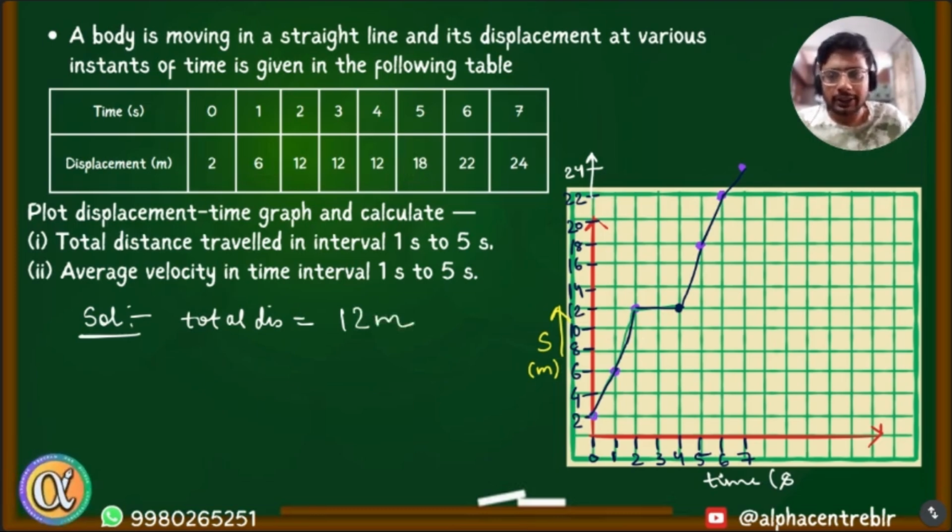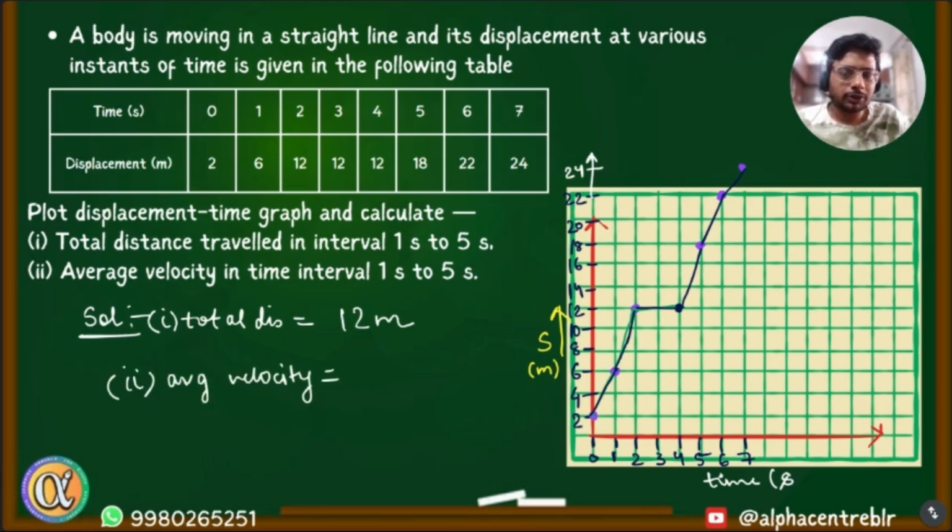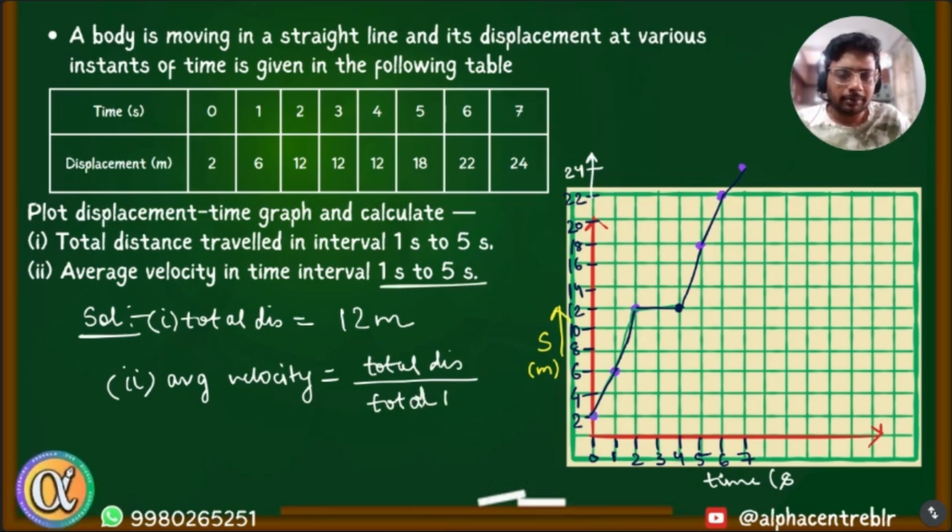The second part of the question says find the average velocity. Just for the new students here, I'd like to mention average velocity is nothing but total displacement divided by total time. What is the total displacement during the journey, in 1 to 5 seconds, divided by time.